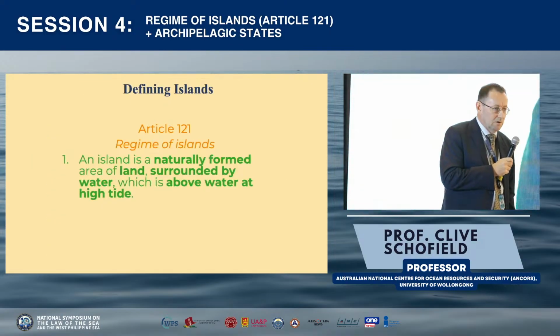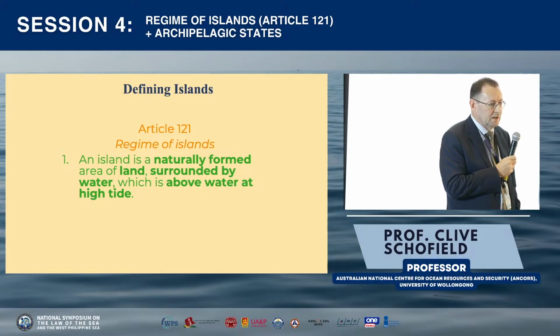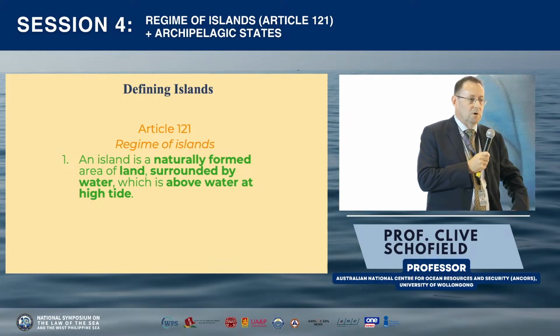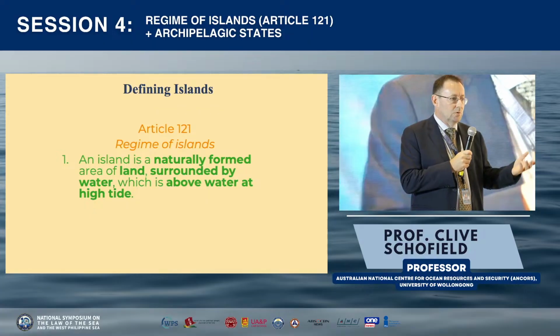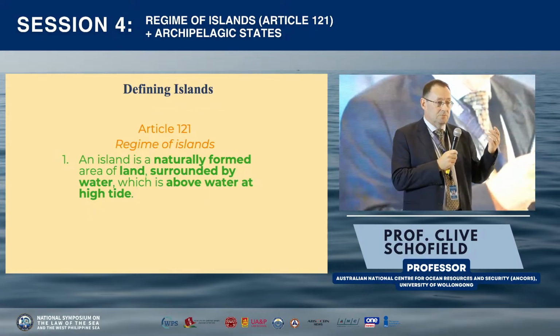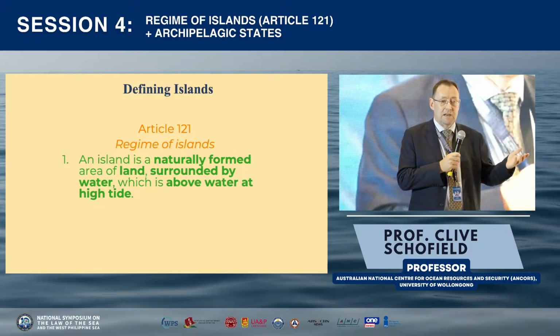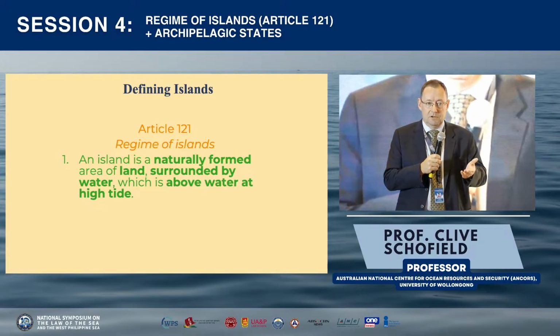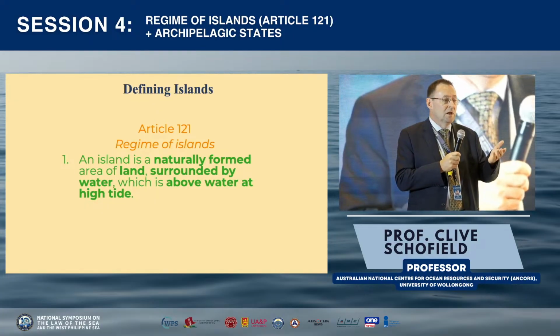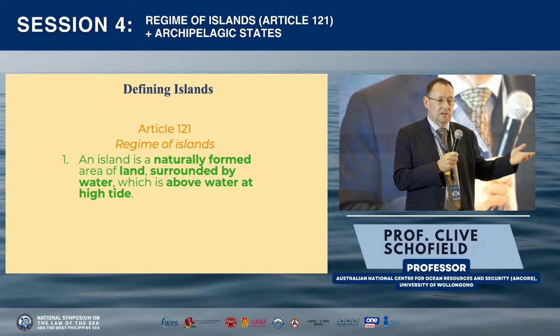Paragraph 1 of Article 121 is the key one for defining what is an island or a rock. And there are 4 components, and they're relatively uncontroversial. The feature has to be naturally formed, so as we learned earlier from Professor Klein, artificial islands don't count in this category.